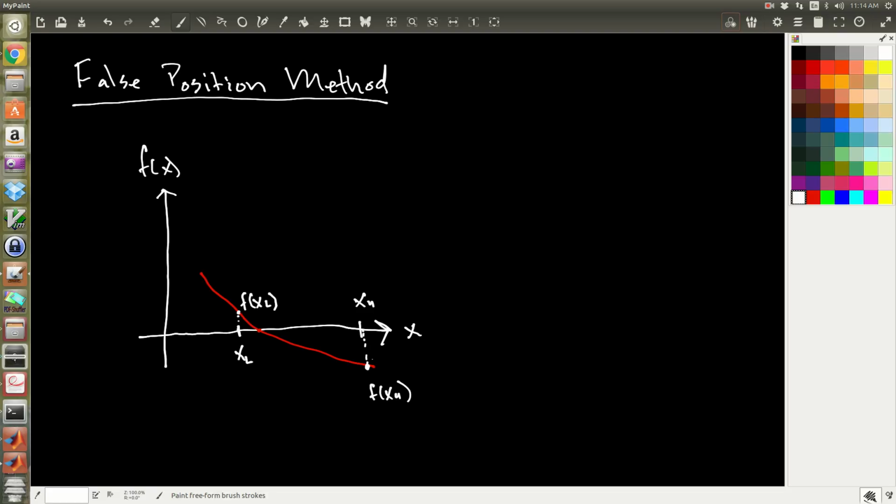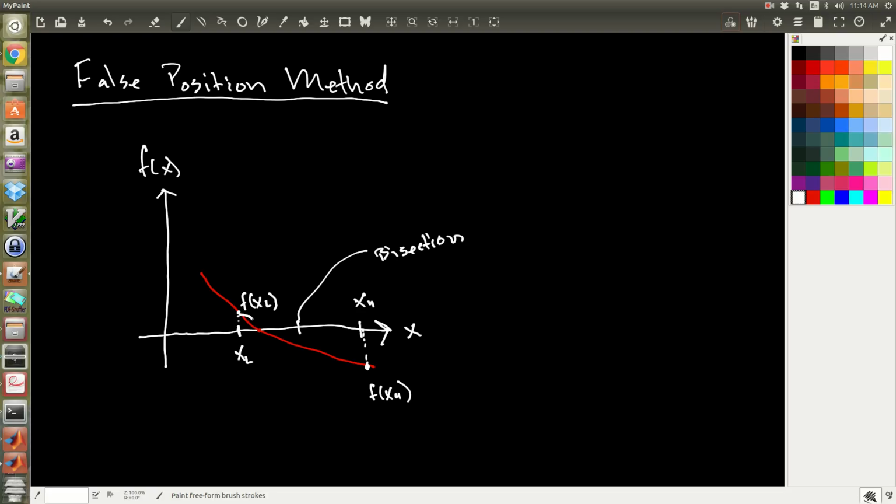So what the false position method says is, instead of doing the bisection method, which is just take this interval and cut it in half, this is the bisection method. False position method says, let's linearly interpolate between these 2 points.